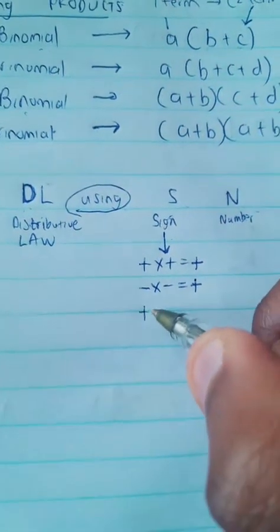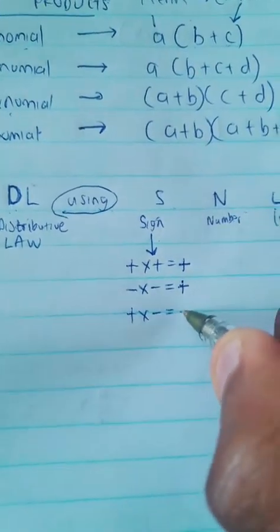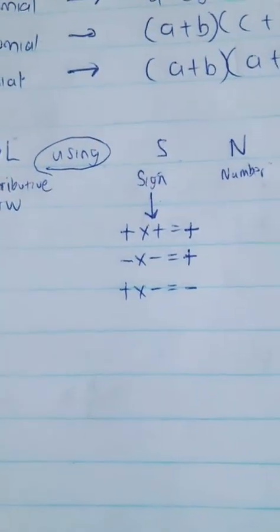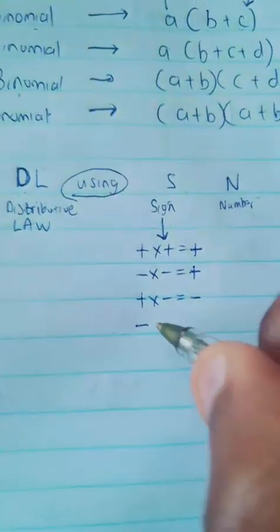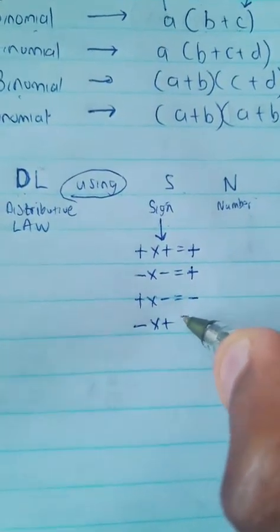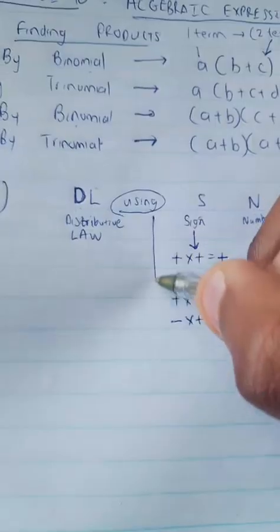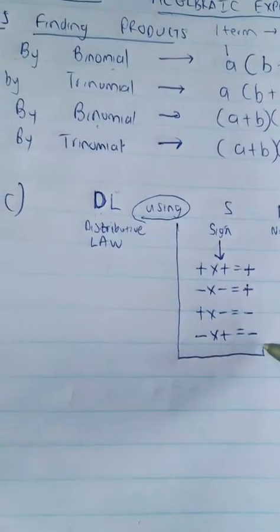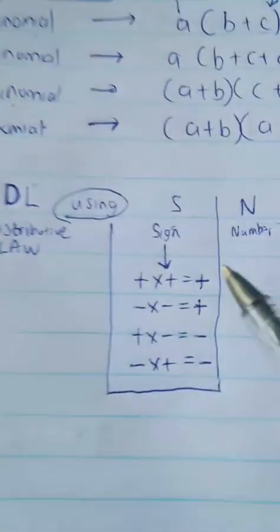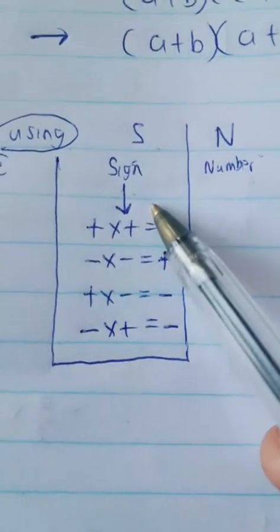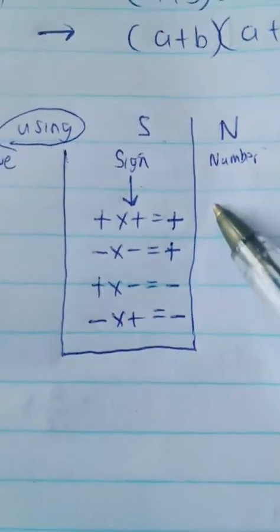A positive times a negative gives us a negative. And a negative times a positive gives us a negative. We need to all know what the product of the combination of signs gives us.